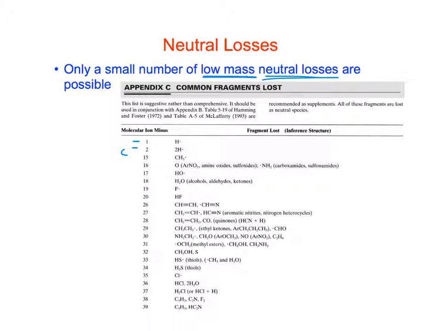Because you can't lose 5, so there must be a molecular ion that's higher that could fragment to this one and to the other one. Because that just doesn't fit into a logical loss.